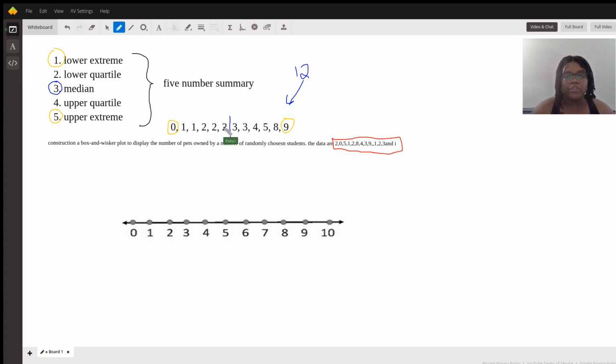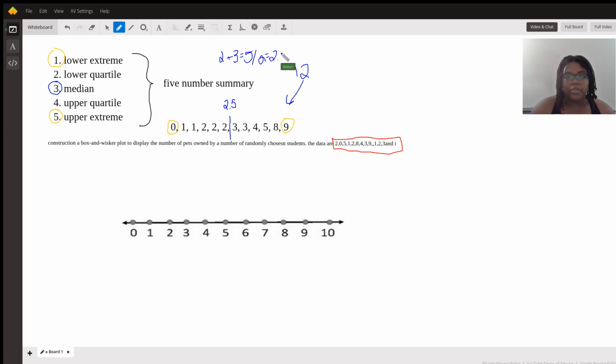So halfway between 2 and 3 would be 2.5. And in order to figure that out, all we have to do is add up 2 and 3, which gives us 5, and then divide that by 2 to give us 2.5.